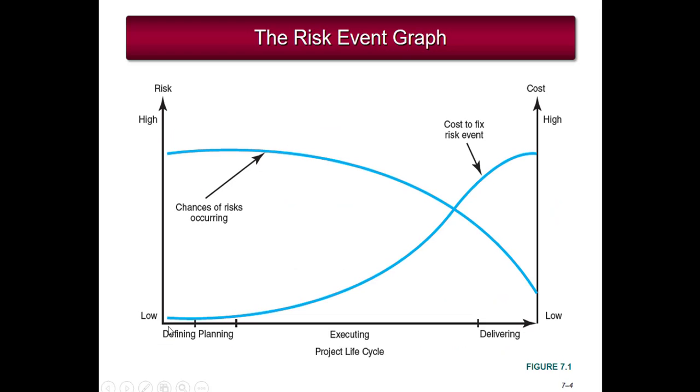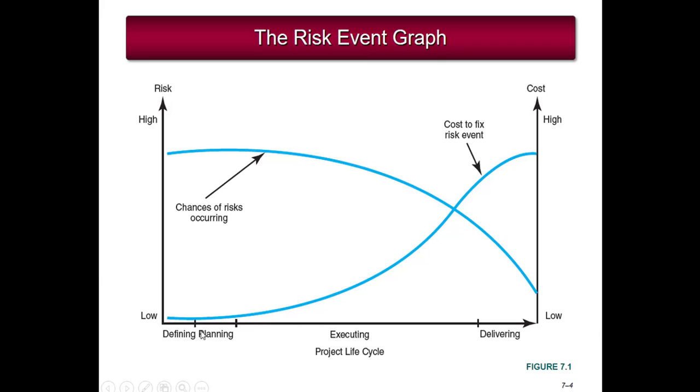The risk event graph shows low to high risk and low to high cost on the y-axis and different project stages on the x-axis, or the horizontal axis.